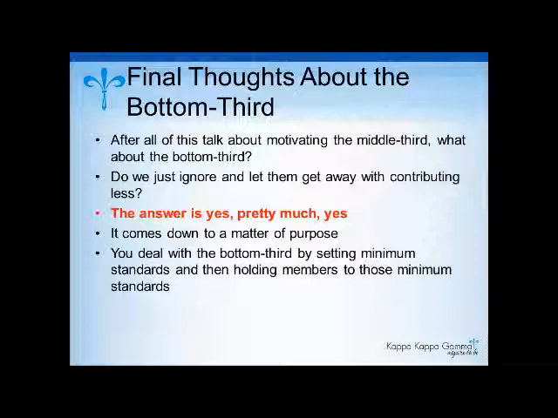All right, so after all of this talk about motivating the middle third, we haven't really addressed yet the bottom third. So the question out there is, do we just ignore them and let them get away with contributing less? You might be surprised, but the answer is pretty much yes. It really comes down to the matter of purpose. So you deal with the bottom third members by setting a minimum standard and then holding those members to those minimum standards.